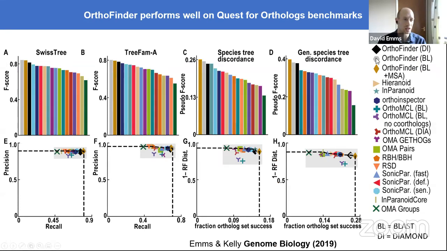The silver one is using BLAST and the black one is using Diamond. In all cases, the silver one is, I think, 1 to 3% more accurate for final ortholog inference, but the actual calculations are, I can't remember now, maybe 10 to 20 times faster with Diamond. So use BLAST if you want to spend that extra time for that extra accuracy, but Diamond is my default choice.